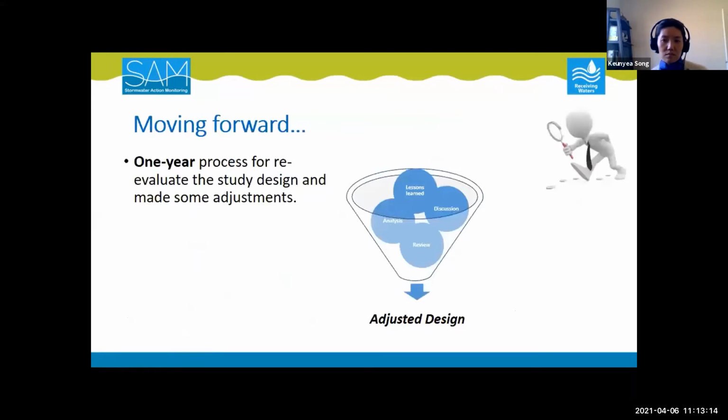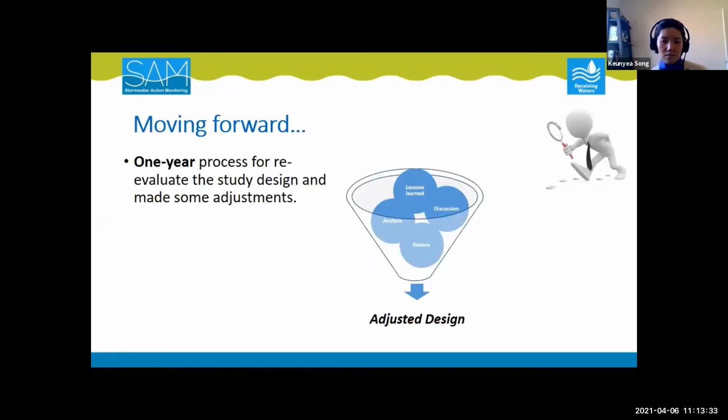So far we looked at a brief summary of the previous studies, and all of these three studies were done during the last permit cycle. Those were the first attempt to get a regional assessment of stormwater receiving water conditions.